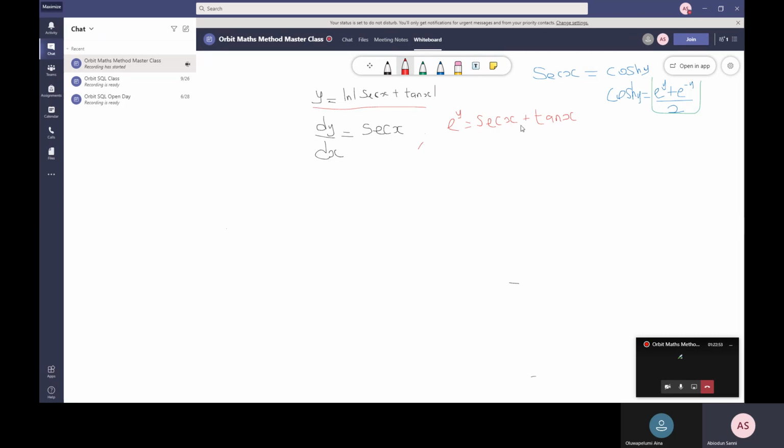Let me do something like this. From here I will say exponential y minus tan x is equal to sec x. But how is that going to help?